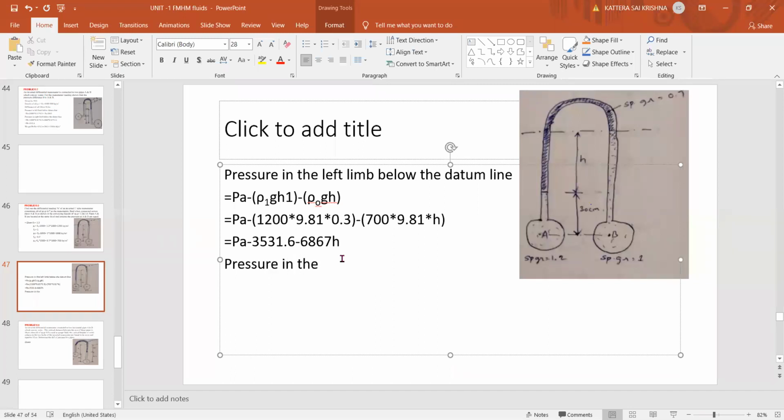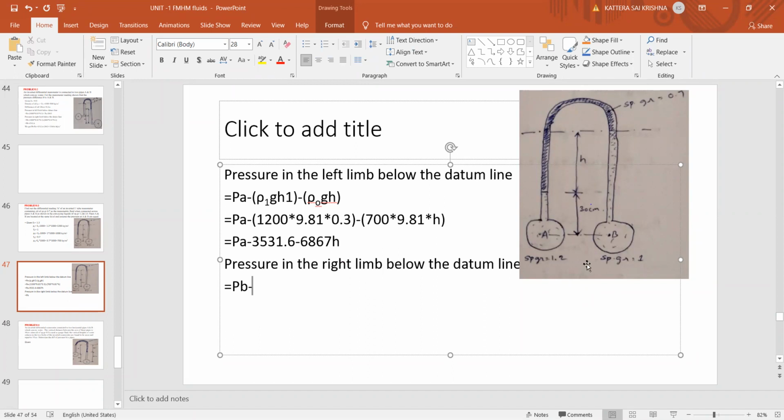Pressure in the right limb below the datum line is equal to PB. How many pressures are there here on the right side? Only two. One is PB, one is the pressure because of this height. So tell, what is that?